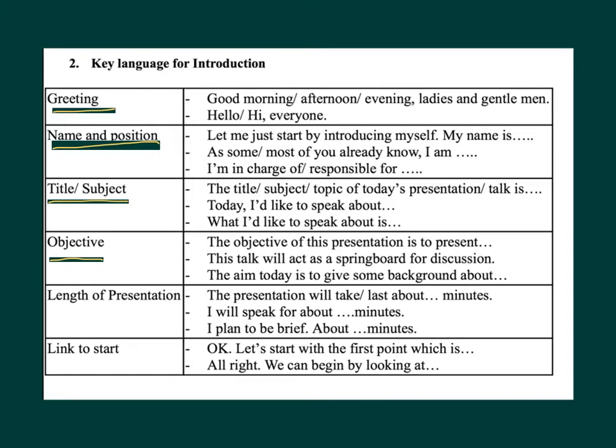The objective of this presentation is to present... 或者係講 This talk will act as a springboard for discussion... 或者可以講 The aim today is to give some background about... 你可以同人講個 length of presentation 係幾多可以講 The presentation will last about... 幾多個 minutes. I will speak for about... 幾多個 minutes. I plan to be brief about... 幾多個 minutes.